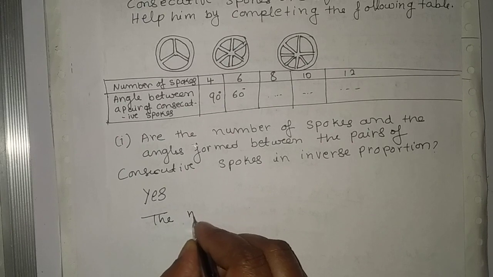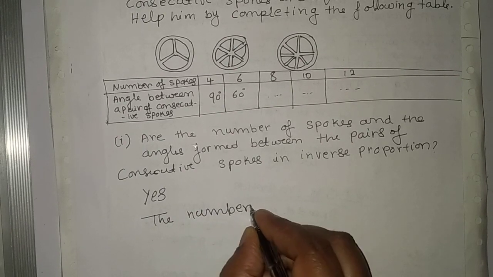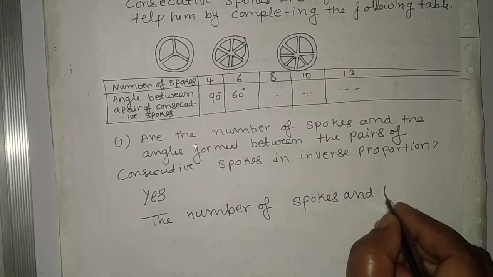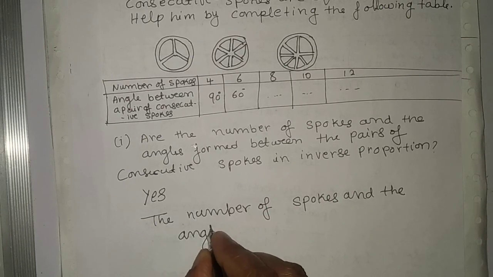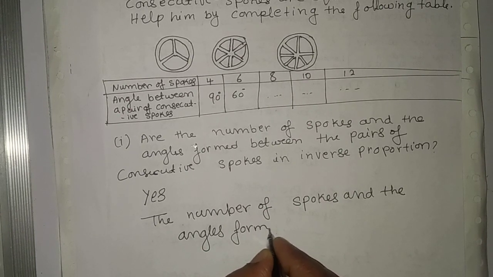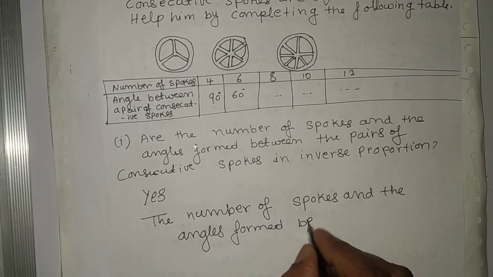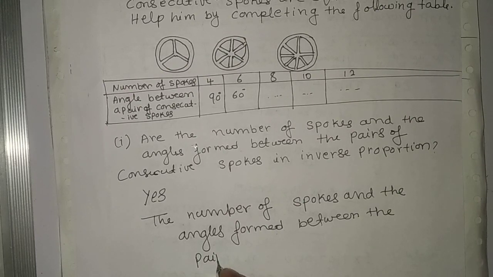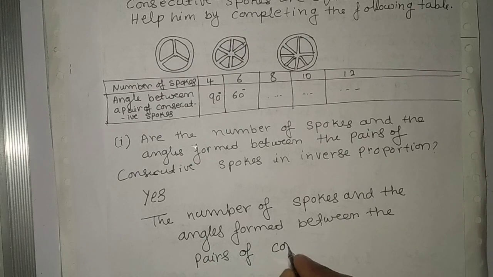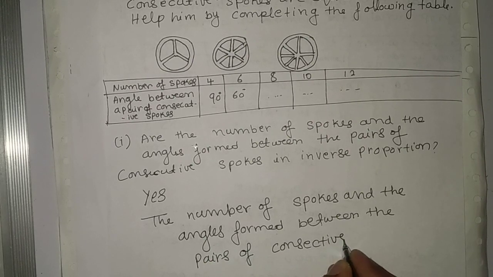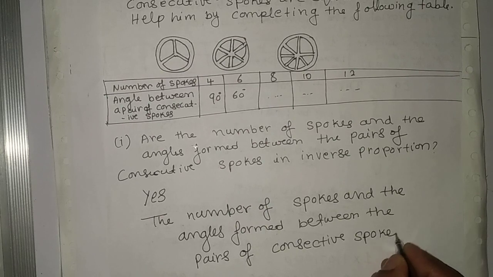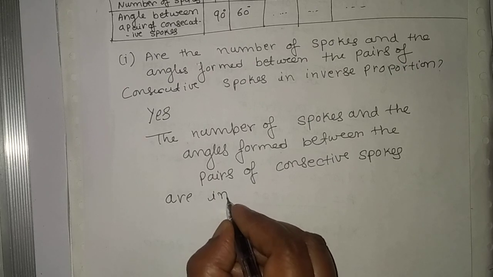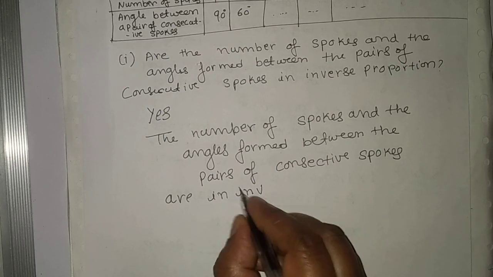Write down: the number of spokes and the angle formed between the pairs of consecutive spokes are in inverse proportion.